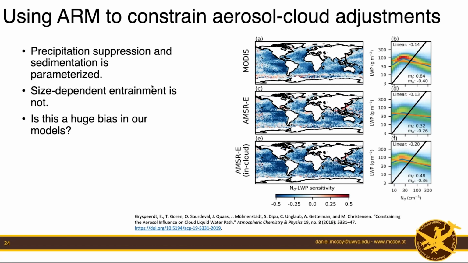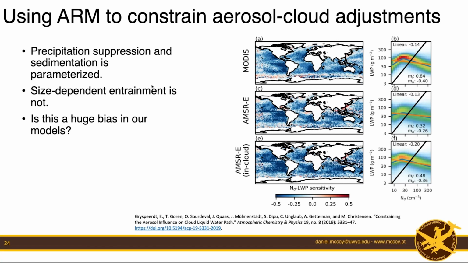However, if you look at the observations, there's this negative correlation between liquid water path and ND that appears in the satellite record very prominently. And so a natural question is, this indicates that size-dependent entrainment is maybe important, but it's not parameterized in models, so there's a huge bias in our models.